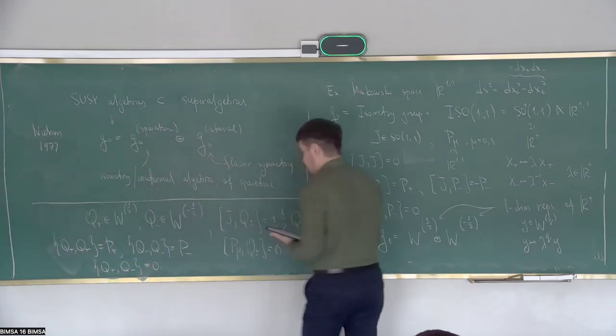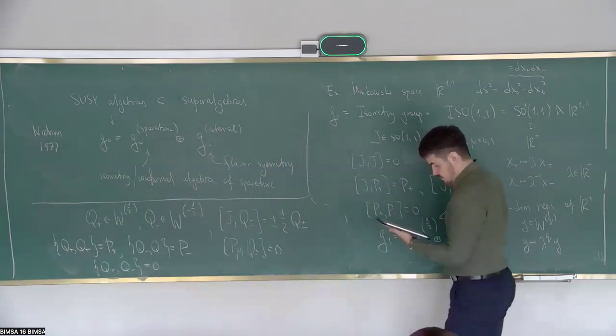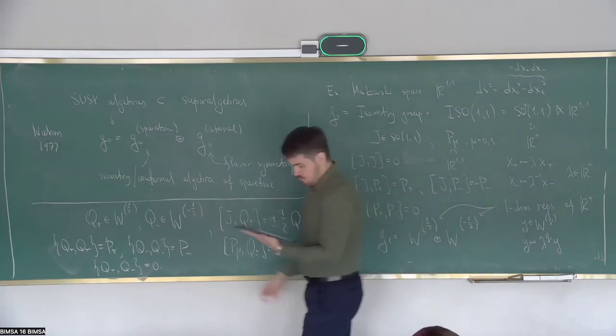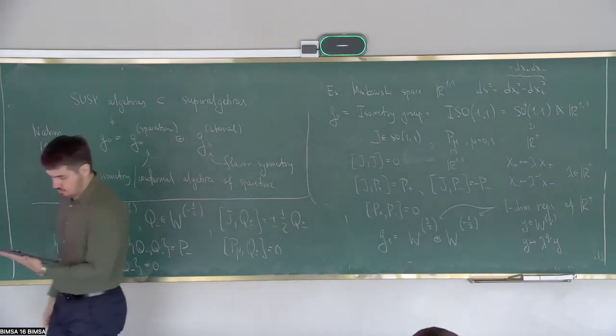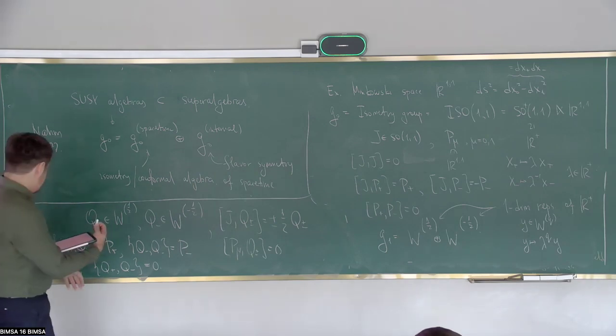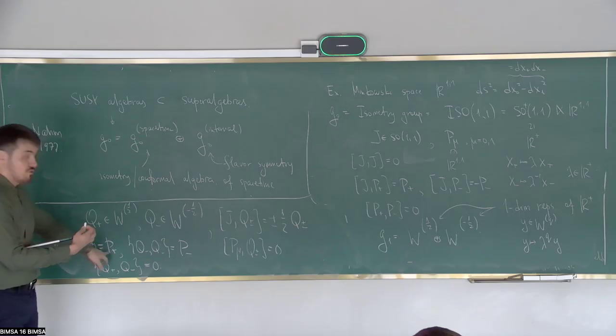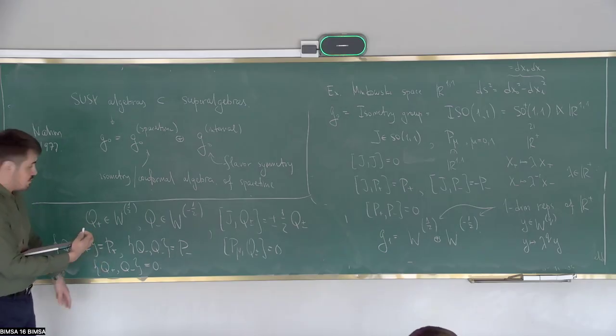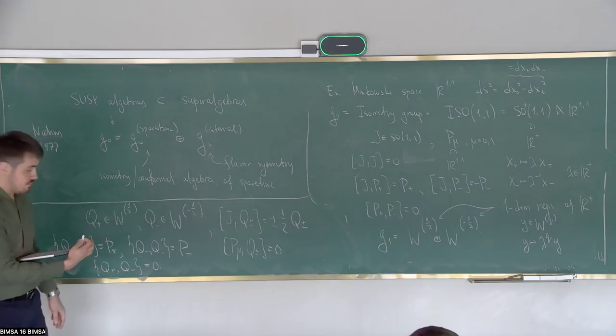So this is the trivial extension of the Poincare algebra, which is the super Poincare algebra. This has charge 1/2, this has charge 1/2, and this has charge 1, so that's why we've chosen charge 1/2. It's compatible.